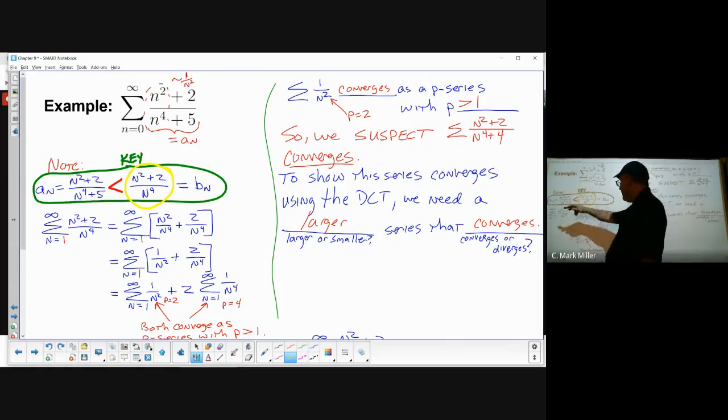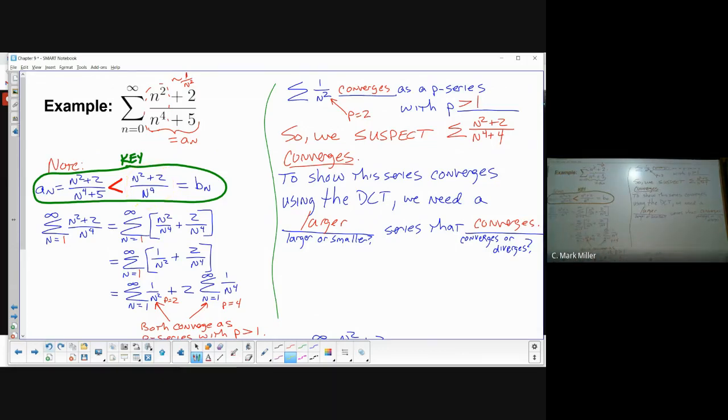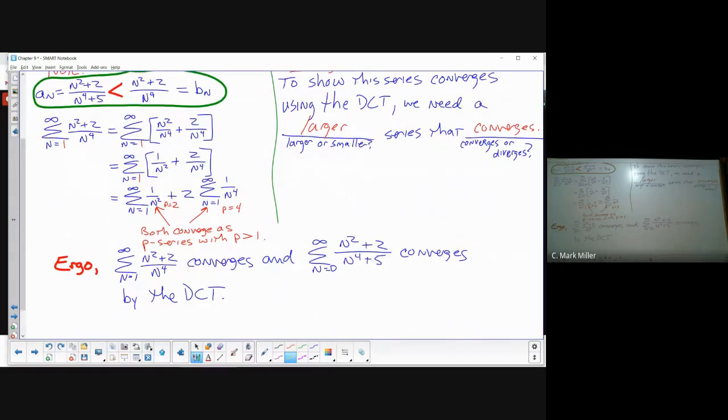And then we showed that one converged because we broke it up into 2 p-series, both with p bigger than 1. Both those p-series down there are p-series with p bigger than 1, so they both converge. Therefore, our original one converges.